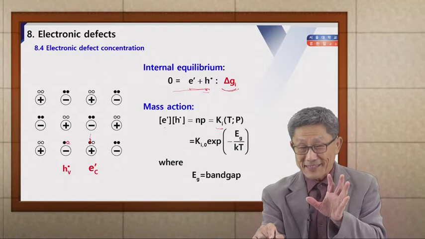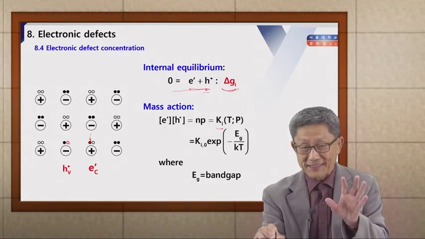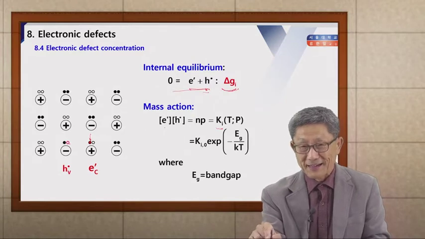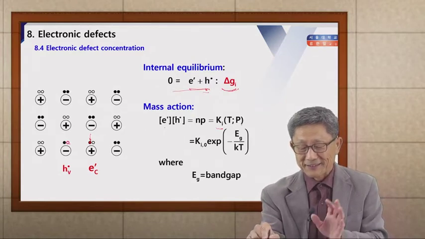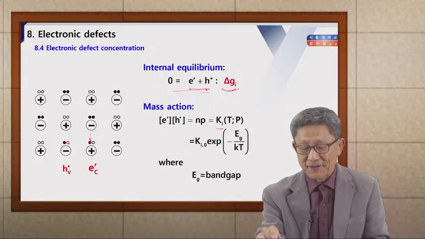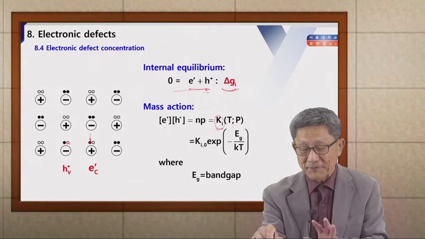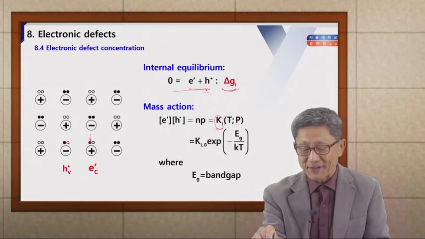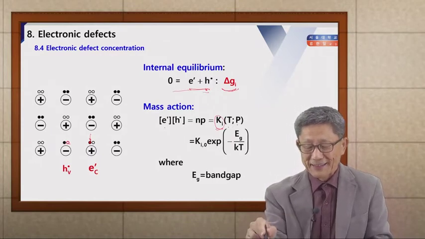So for a single component system like silicon or germanium, there is no composition variable. Therefore, this equilibrium defect formation constant should be a function of thermodynamic variables, which are temperature and pressure. Okay?